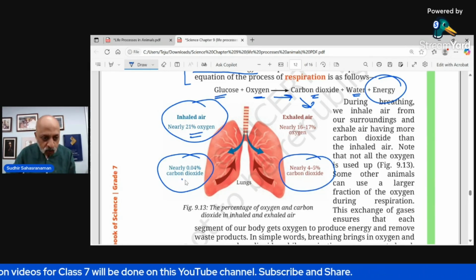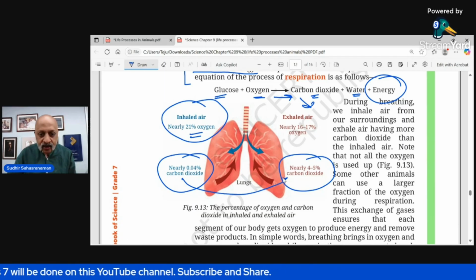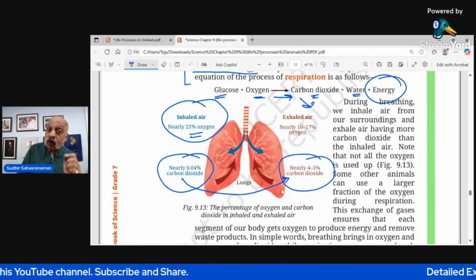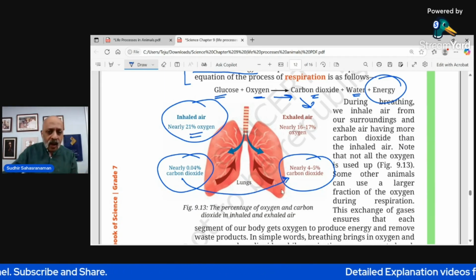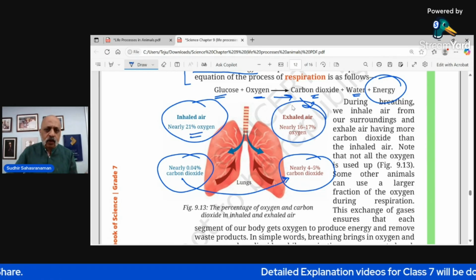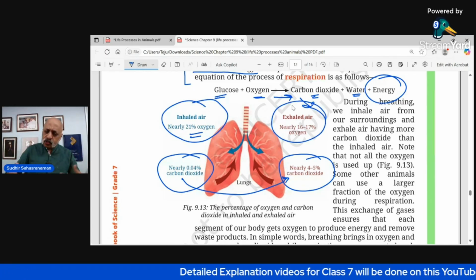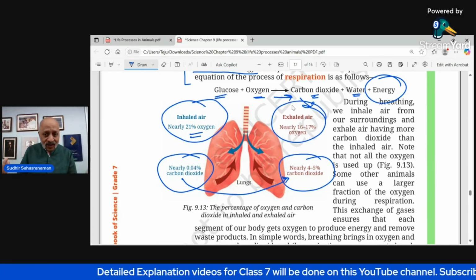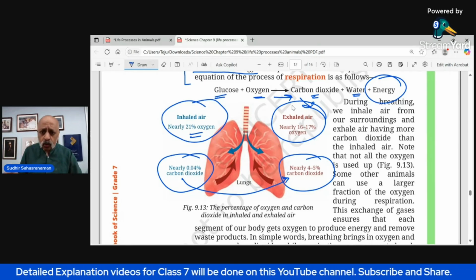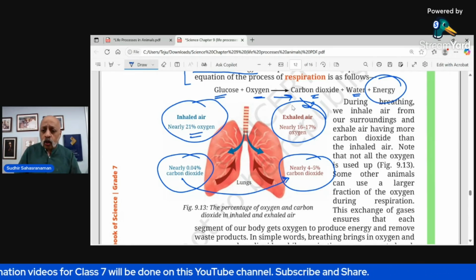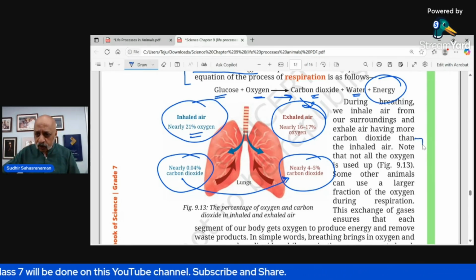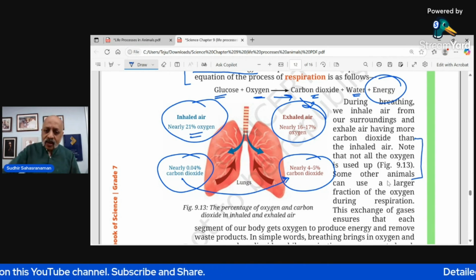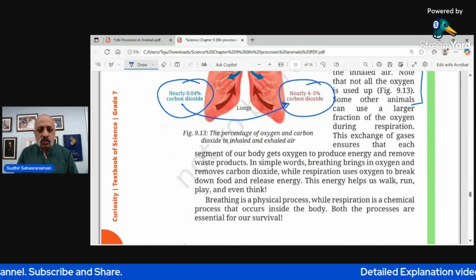So this 0.04% carbon dioxide gets converted to 4 to 5% carbon dioxide, and about 16 to 17% oxygen, because all the oxygen is not consumed, some of the oxygen is also exhaled. So note that all the oxygen is not used up. Some other animals can use a larger fraction of the oxygen during respiration.